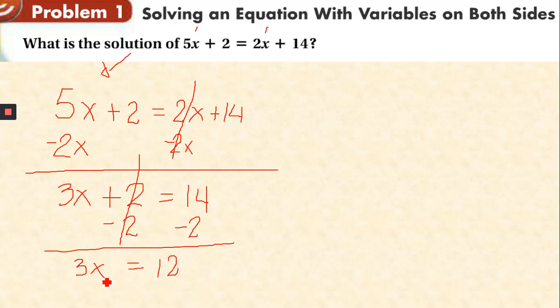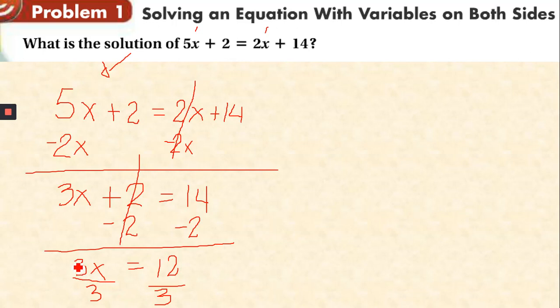Okay? Your x has a coefficient of 3. Always remember that in solving an equation, make sure that the coefficient of the variable is 1. So here, the coefficient of x is 3. Therefore, we're going to divide both sides of the equation by 3, the coefficient of x.